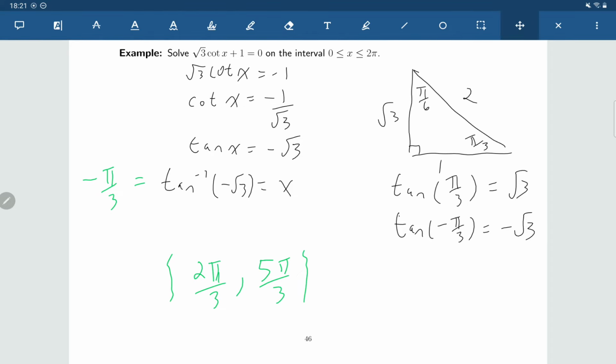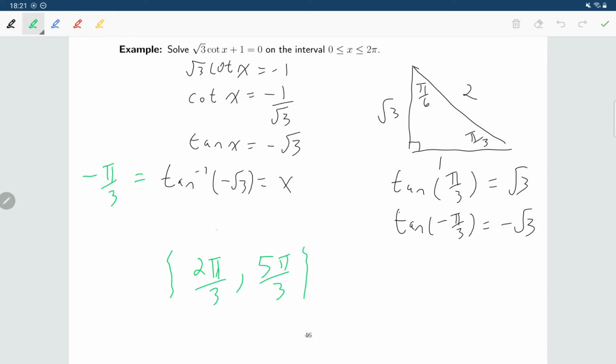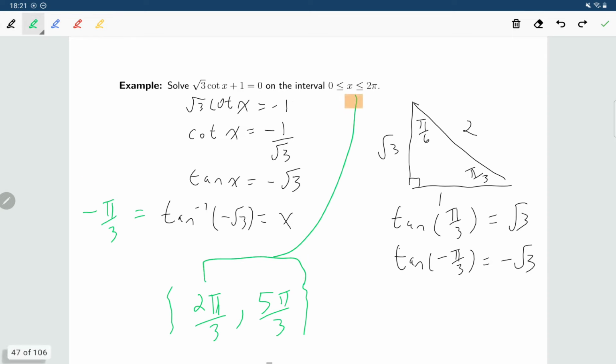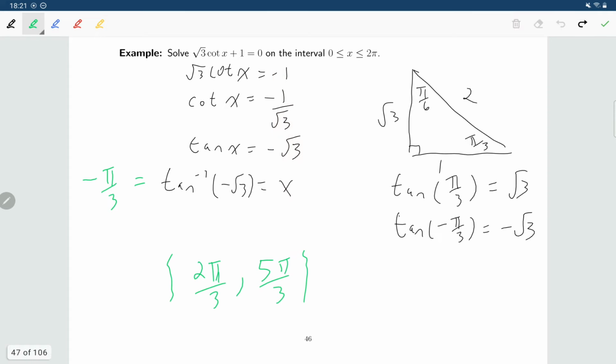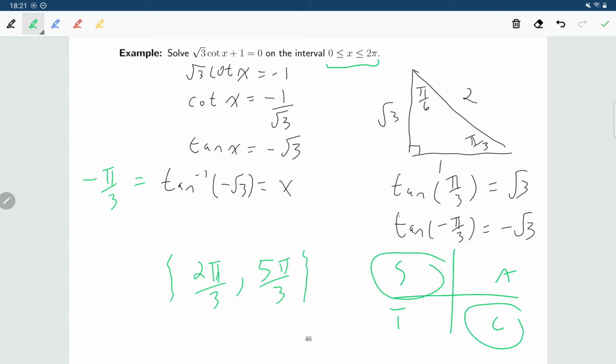And we always should double check and make sure that yes, these indeed are values from that interval, and I'm not including anybody who's not part of that interval. In that interval from 0 to 2 pi, I know that there's exactly two places where tangent would be negative, one in quadrant 2 and one in quadrant 4, and those would be those values there.